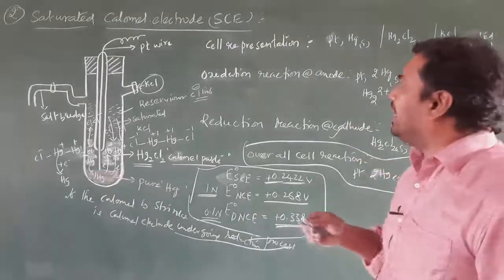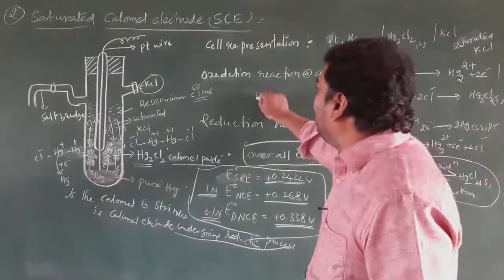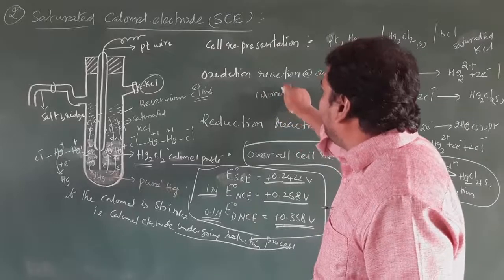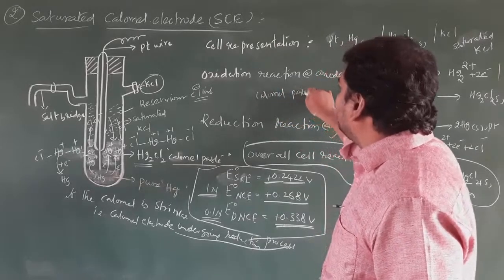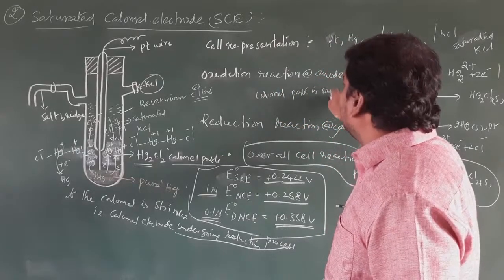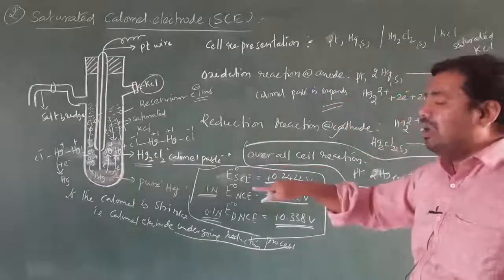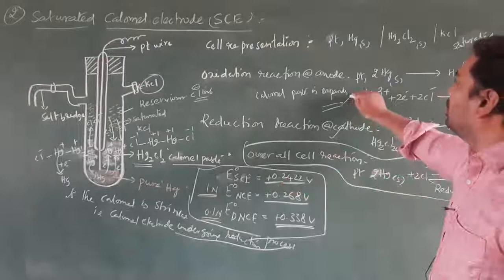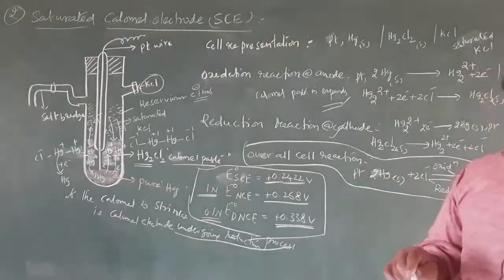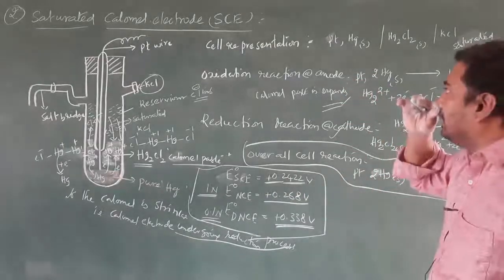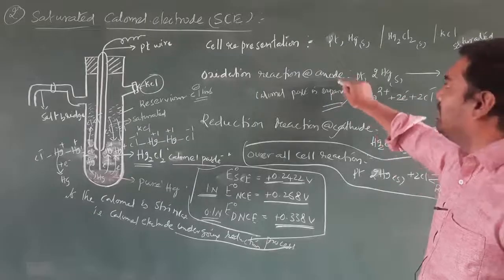If the calomel paste expands, then the calomel electrode is going to be oxidized, meaning the oxidation reaction takes place at the anode.